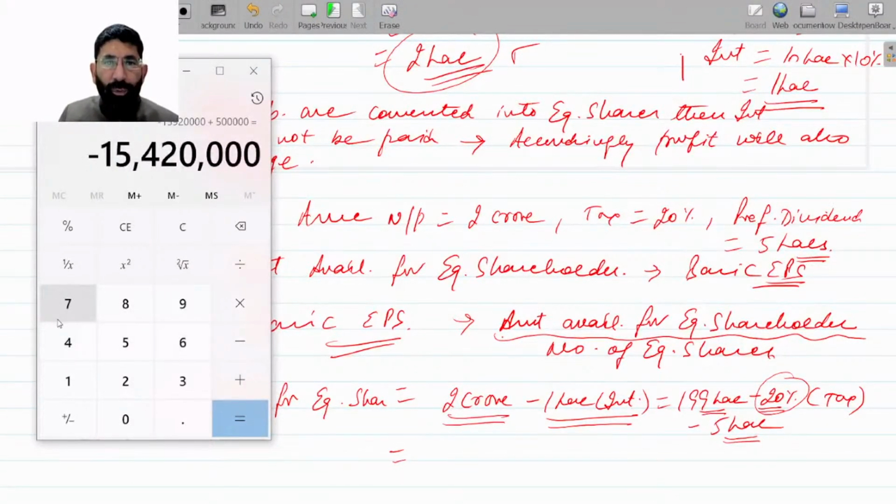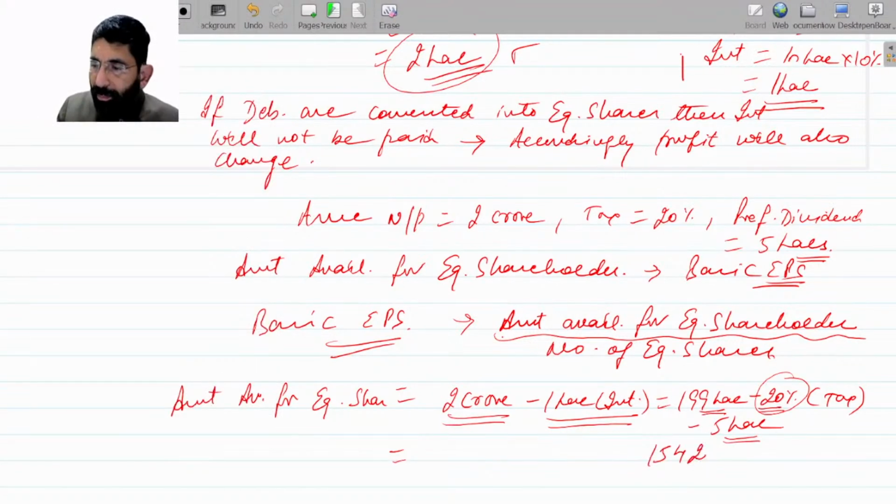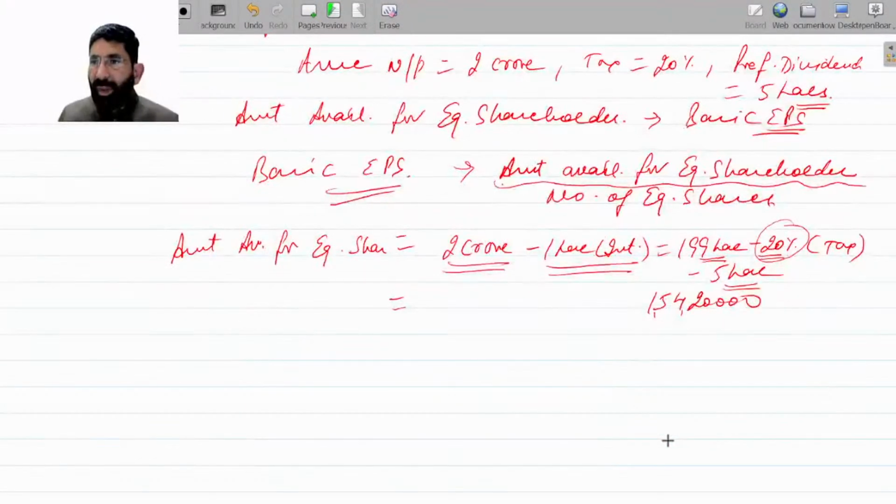Then it will be 1 crore 54 lakh 20,000, which is the amount available for equity shareholders.